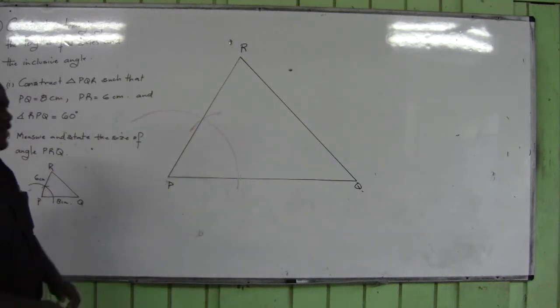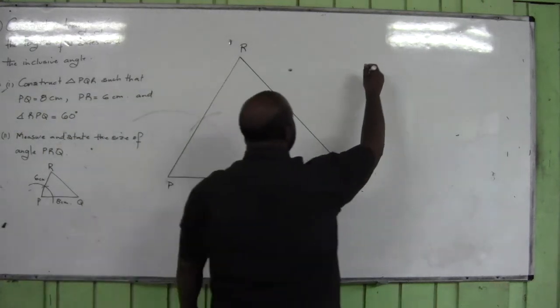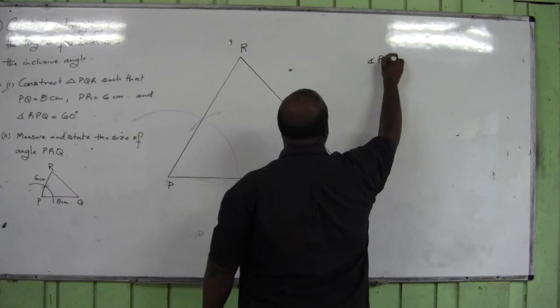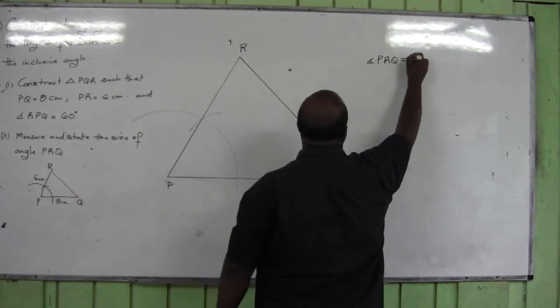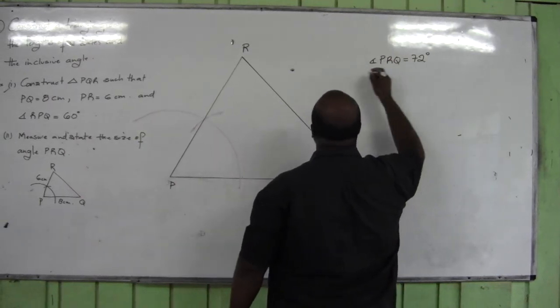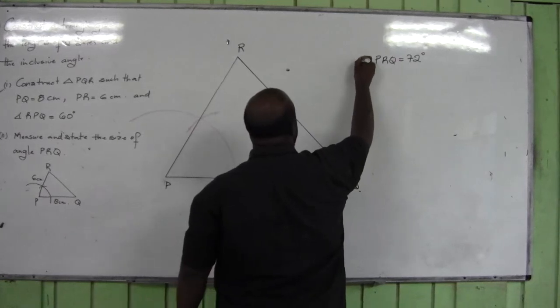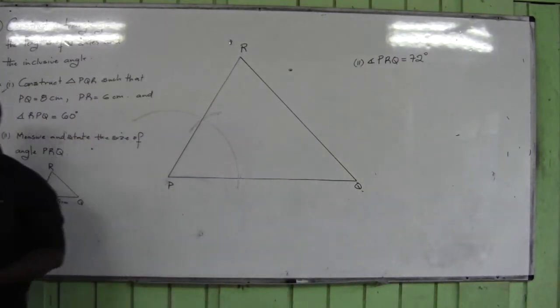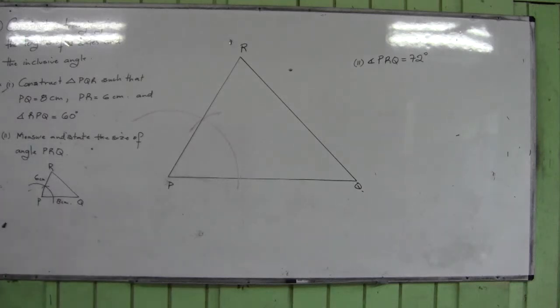So to answer the examiner, I would say that angle PRQ is equal to 72 degrees. And this is part II.